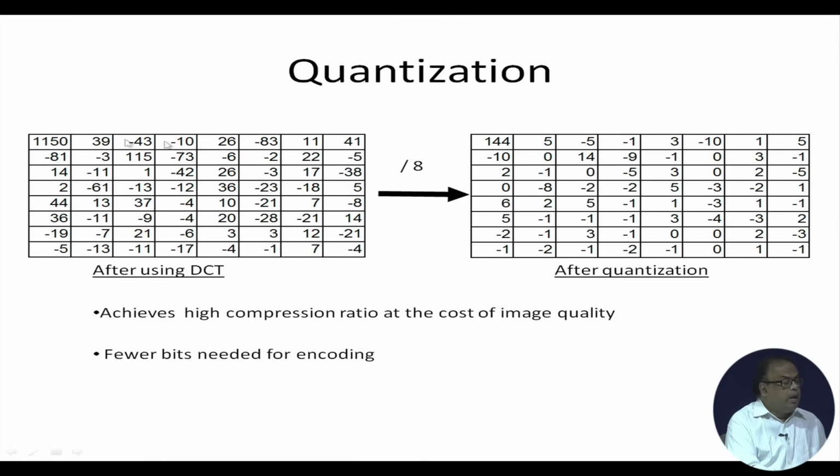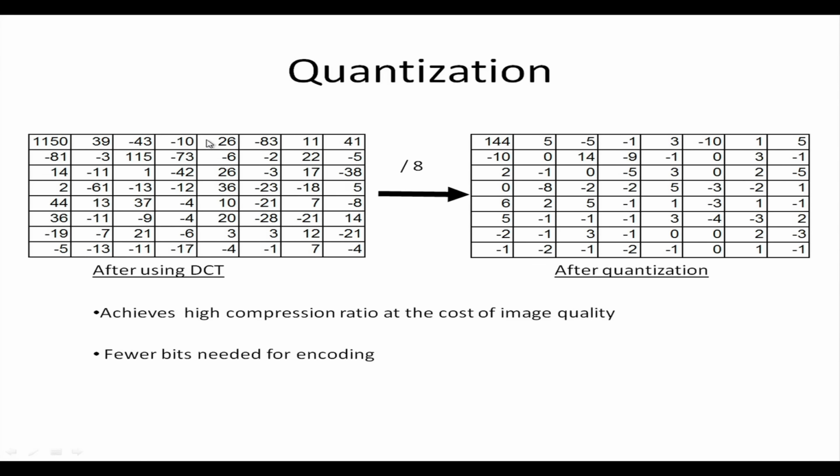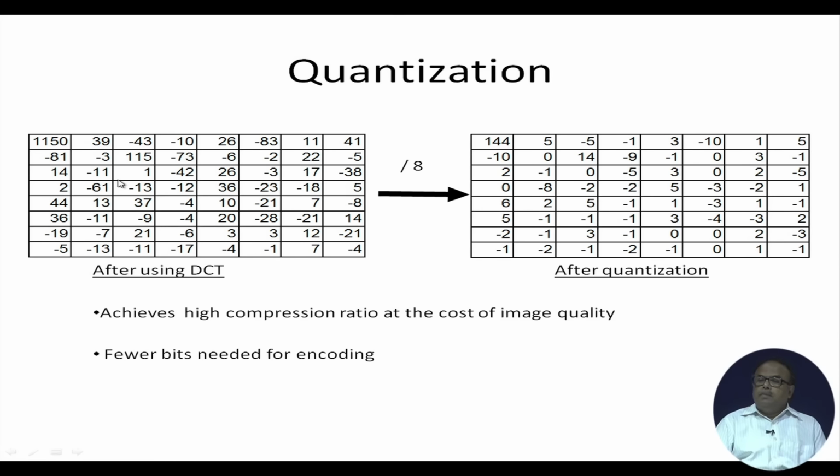Now, these are discrete values, but I do not want to go by the absolute value of this. I want to quantize it. So, some of the values I will club together. So, I quantize with respect to some power of 2.